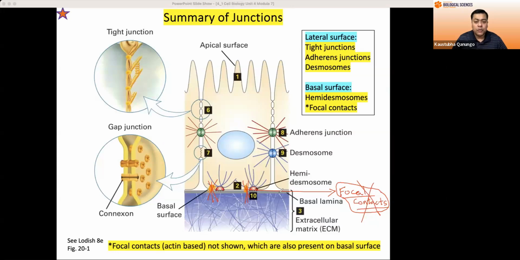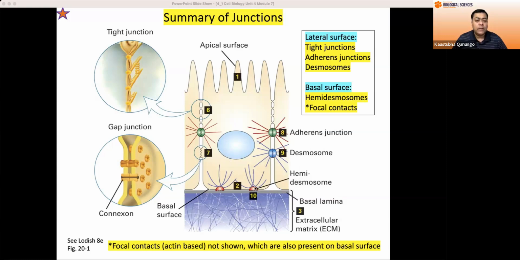Here, the hemidesmosomes, which are the nuts and bolts, actually keep these cells in this place. In these epithelial cells, there will be no focal contacts. They will be only in the cells which actually move over this matrix. And then what you have is your desmosomes, which are based on the blue colored intermediate filaments. On the lateral side, you have the desmosomes, which actually keep the two cells together.